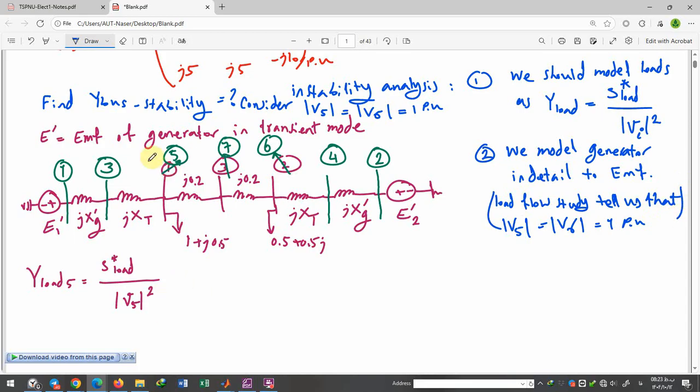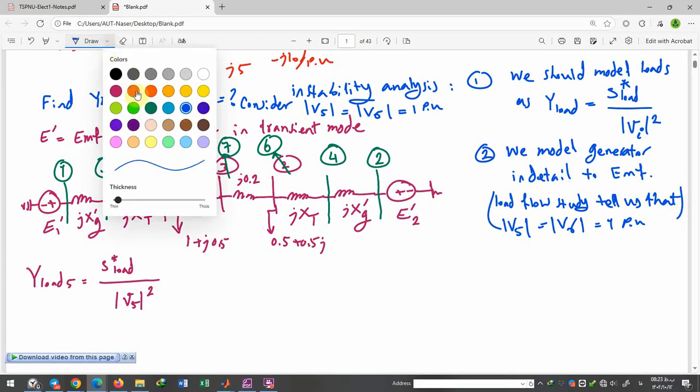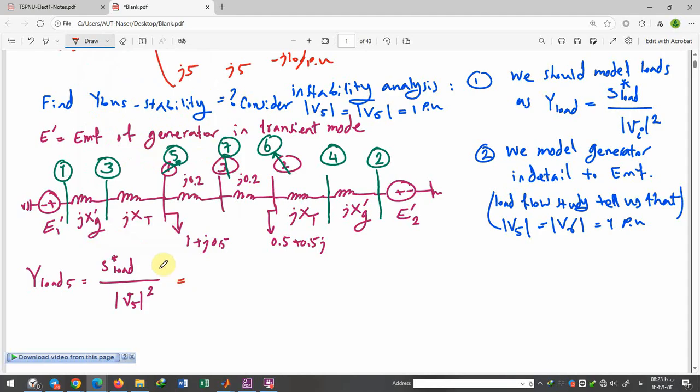So we have to calculate: load number 5 is equal to 1 plus j half per unit, and its conjugate is 1 minus j half per unit over 1 squared. So the Y of load number 5 is equal to 1 minus j half per unit.